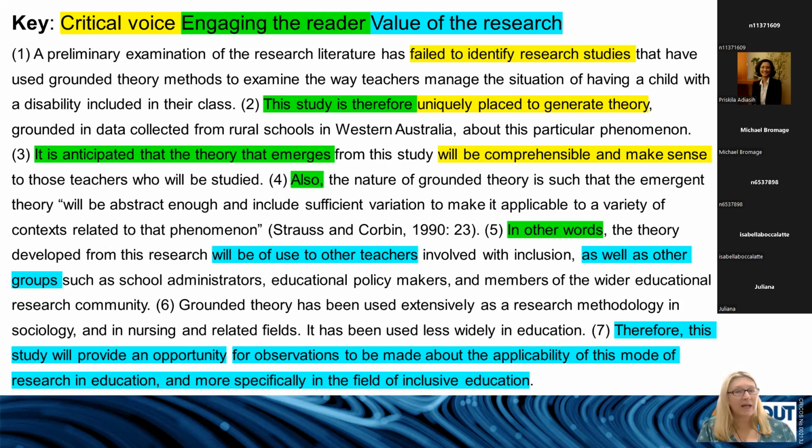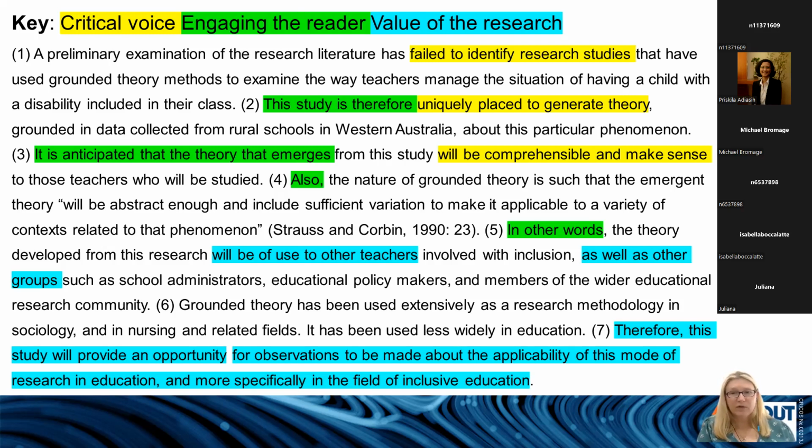So I've said for engaging the reader, this study is there for, so linking, leading us through. It's anticipated, the theory that emerges will be comprehensible. So again, leading us through, telling us very clearly what the projected contribution is going to be. And then I've also highlighted in green a couple of those transition signals too.